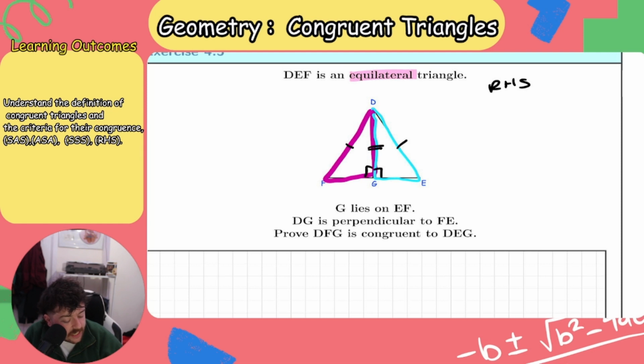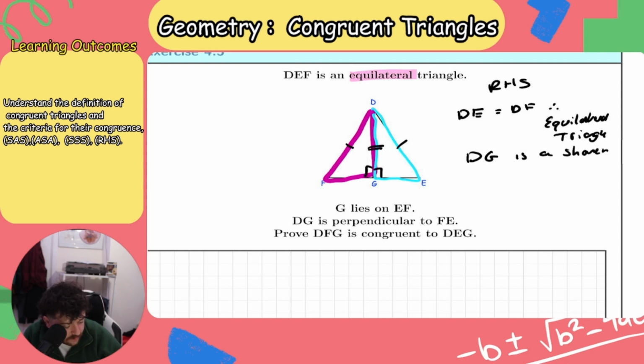Let's get this into words. I know DE is equal to DF because it's an equilateral triangle. DG is a shared side.